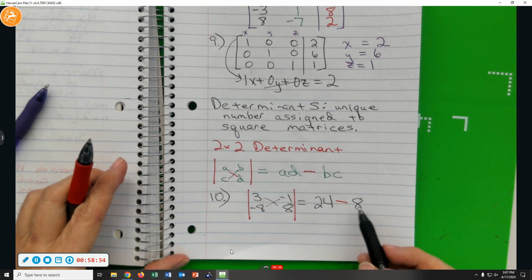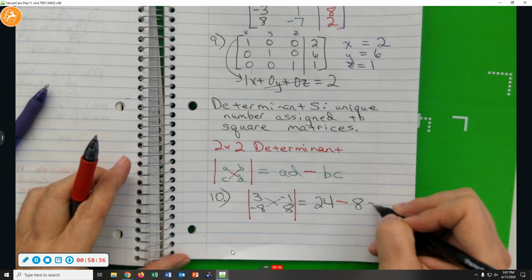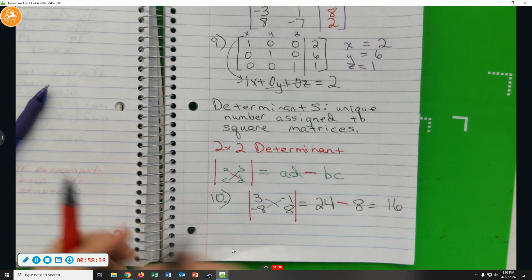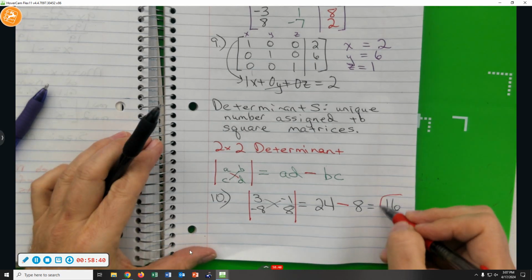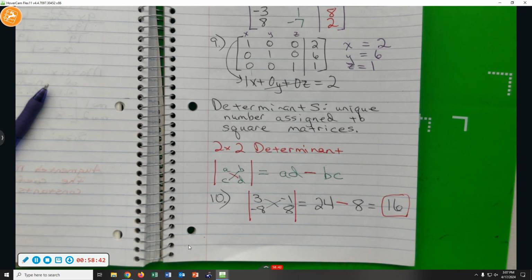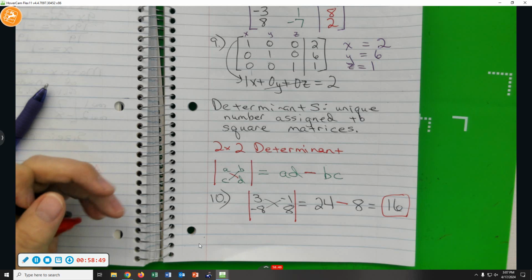So 24 minus 8 gives us a determinant of 16. So will this only work for square matrices? Only for square matrices.